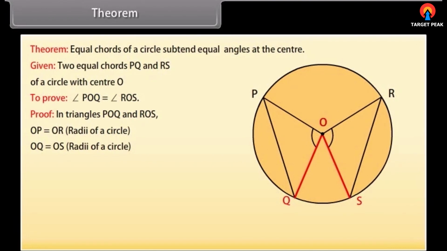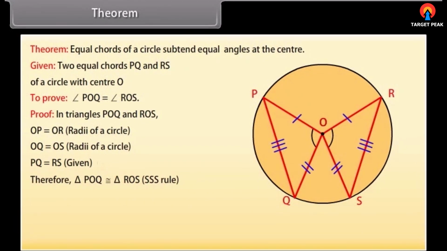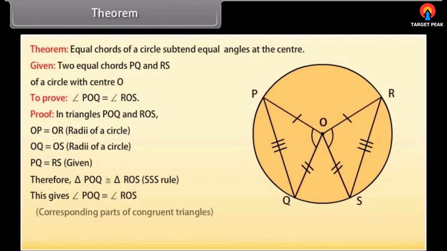OQ is equal to OS. These are also the radii of a circle. PQ is equal to RS, given. Therefore, by the SSS congruence rule, triangle POQ is congruent to triangle ROS. This gives angle POQ is equal to angle ROS because corresponding parts of congruent triangles are congruent.